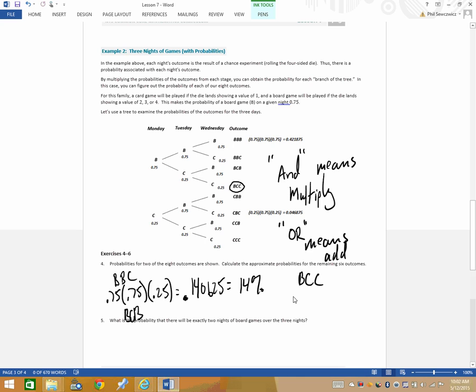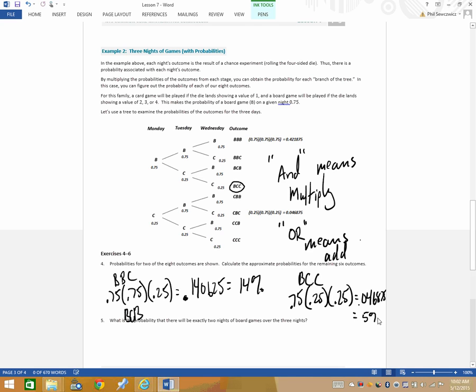Well, they told us that it's a 75% chance, so 75%. What's the probability of a card game? Well, that's a 25% chance, so 25%. And again, another card game is your 25%. So if we multiply those numbers together, you get 0.046875. Change it to a percent, and if we round it to the nearest percent, you're going to get 5%.